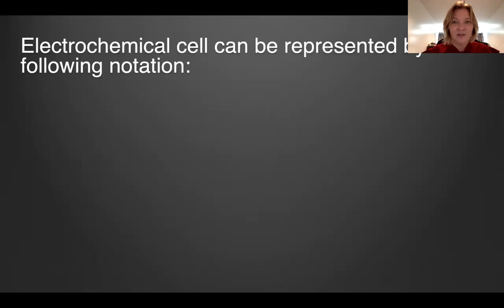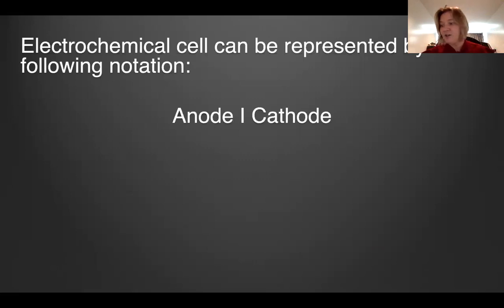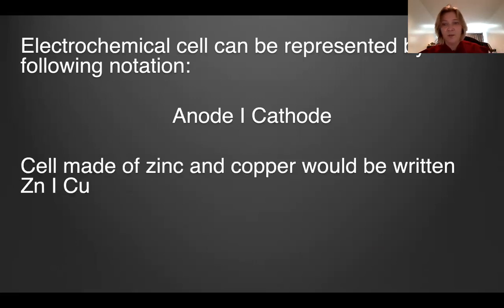An electrochemical cell can be represented by the following notation. You write the anode, vertical line, cathode. For our zinc copper example, because zinc is being oxidized and copper is being reduced, you write Zn, a vertical line, and Cu.